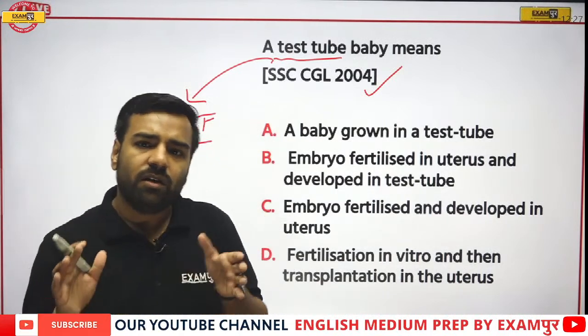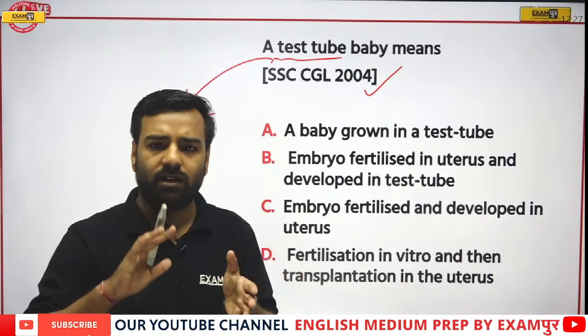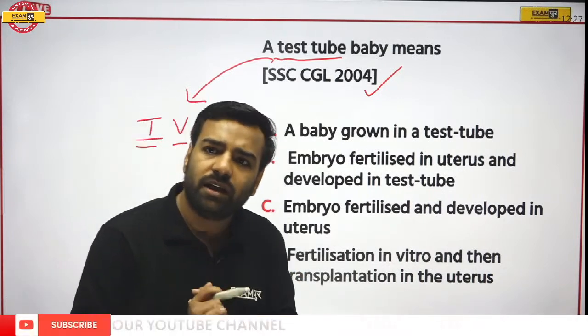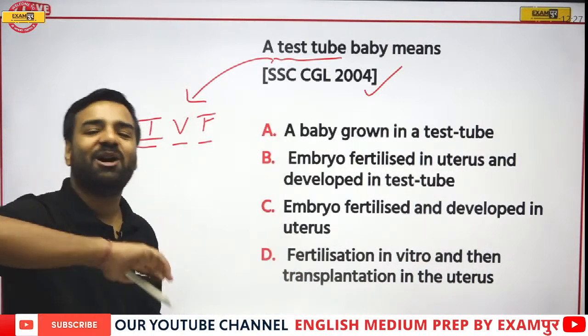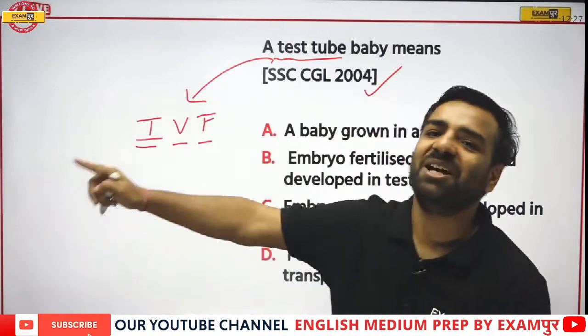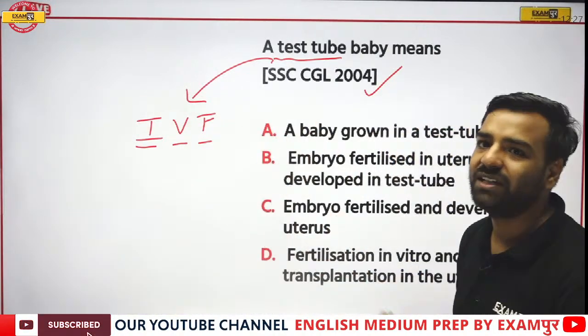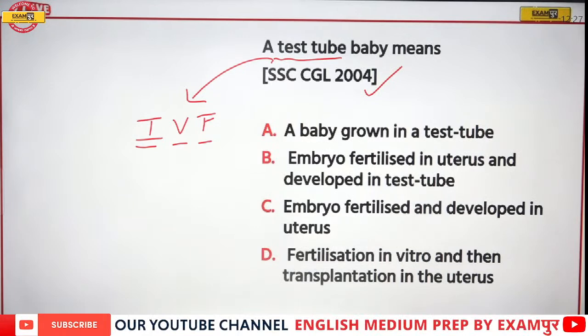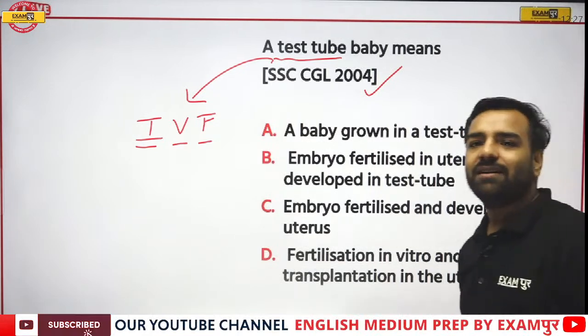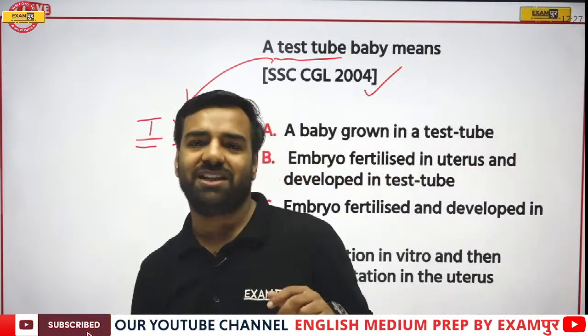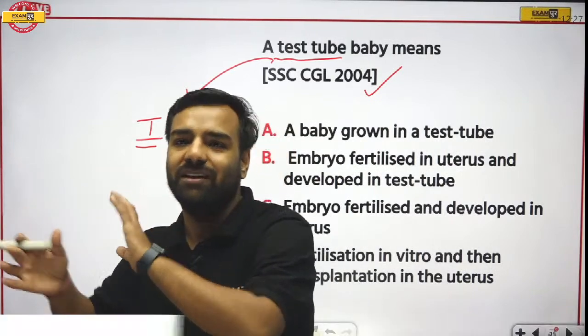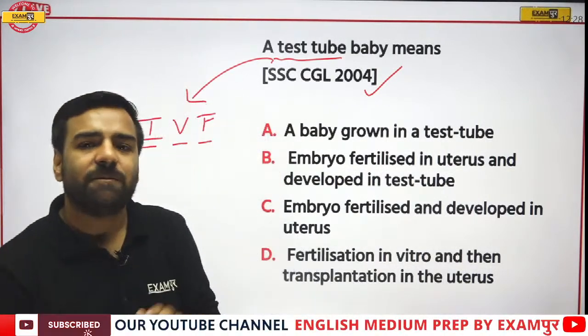What happens in this part? First of all, when we are talking about the child's development, here Abhishek is with D. So the Abhishek is actually standing out of the crowd who has given this answer. Others were with B. Baby grows in a test tube. Just think, how can a baby grow in that particular test tube? So please understand what happens in this condition.